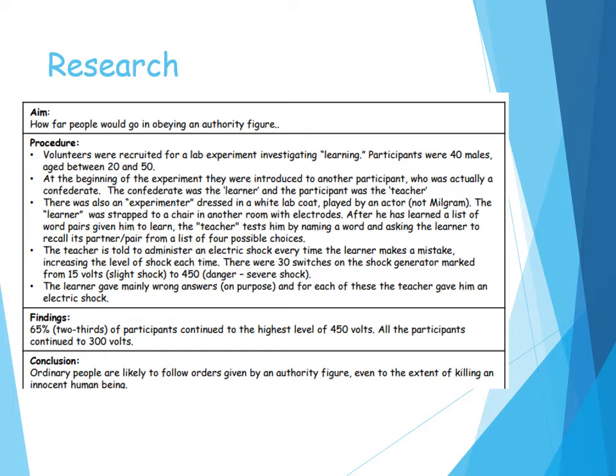So they concluded that ordinary people are likely to follow orders given by an authority figure, even to the extent of killing an innocent human being. So 450 volts they knew could be potentially dangerous. Participants were debriefed at the end, and 84% of them said that they were glad they had taken part in the study.